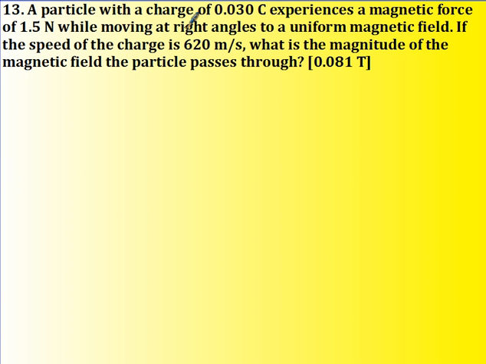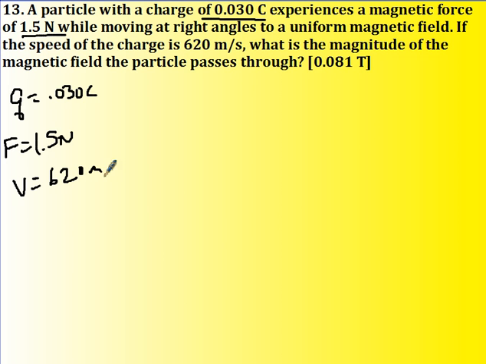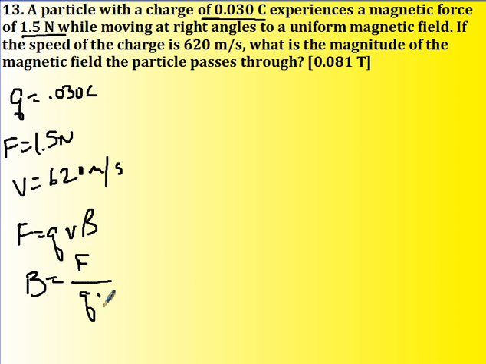A particle with charge 0.03 coulombs, so Q is 0.030 coulombs, experiences a magnetic force, F, of 1.5 newtons when moving at right angles to a magnetic field. If the speed, V, is 620 meters per second, what's the magnetic field the particle passes through? F equals QVB. So B is F divided by QV.